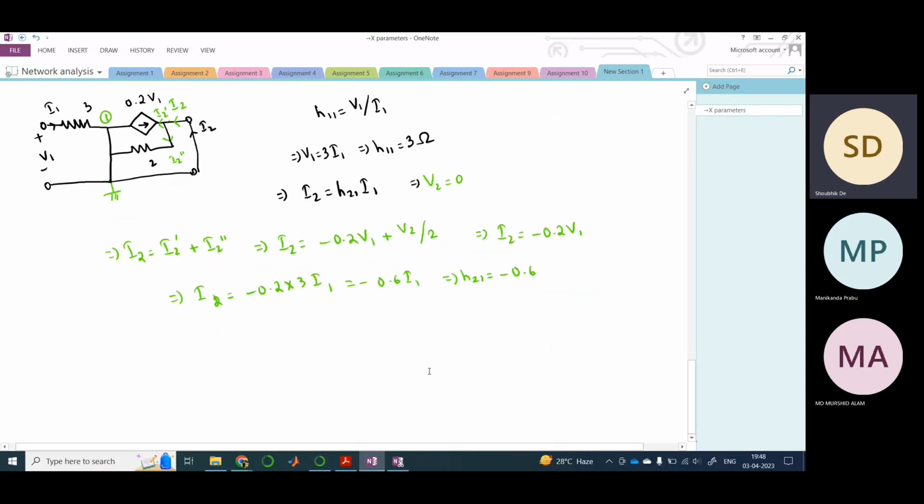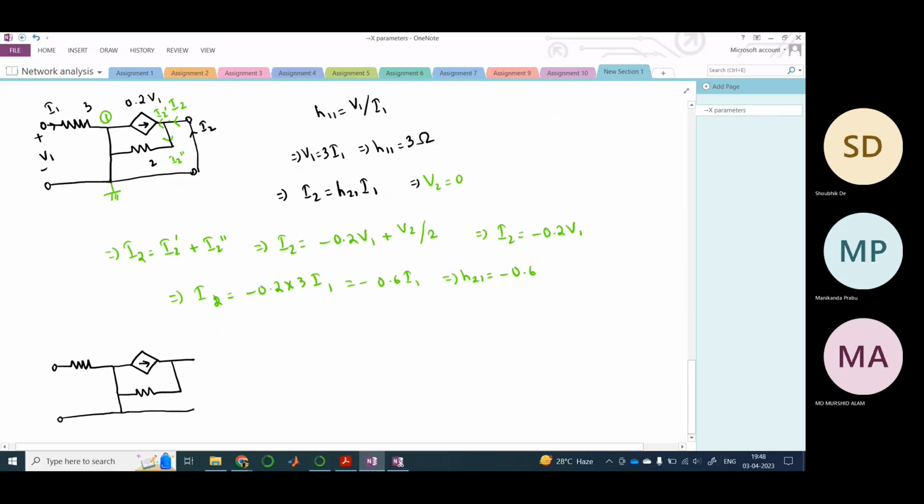So here now, what would be the circuit? So there is an I2 flowing.